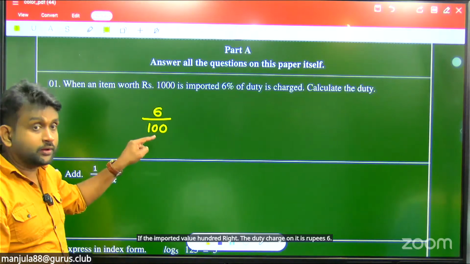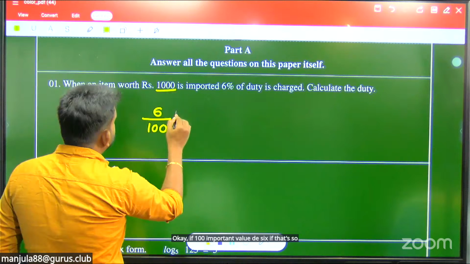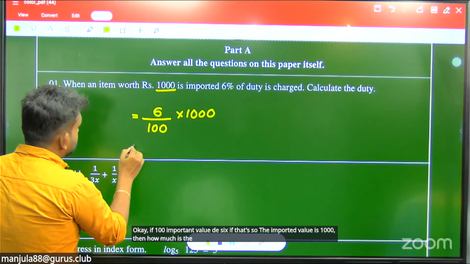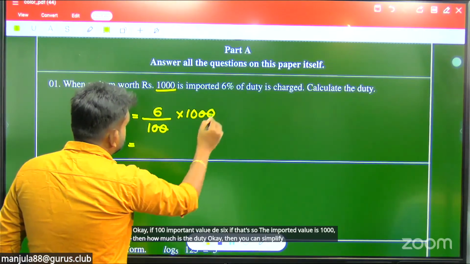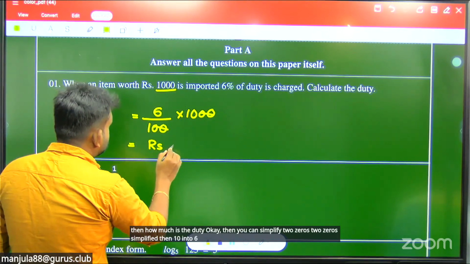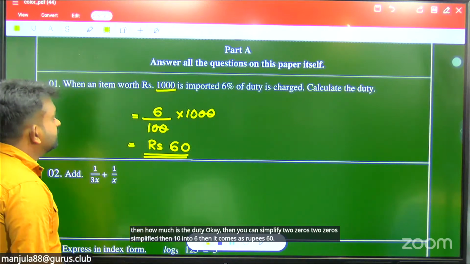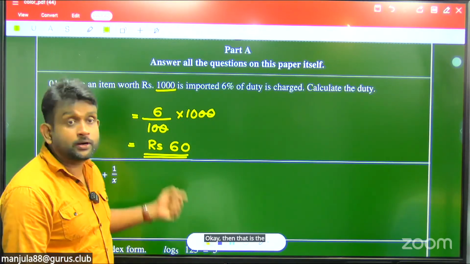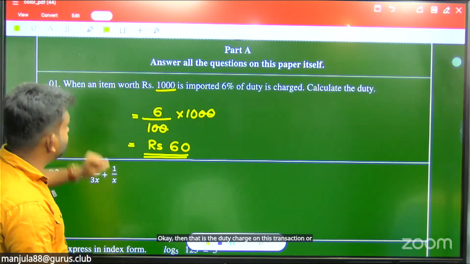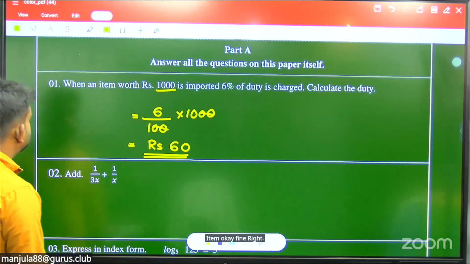If the imported value is 1000, then how much is the duty? Simplify the two zeros, then 10 into 6 comes as rupees 60. That is the duty charge on this item.